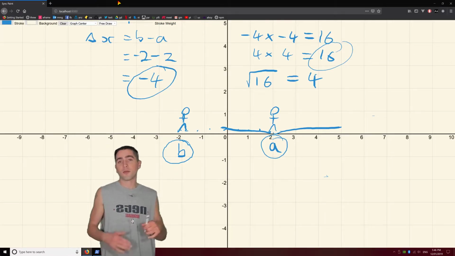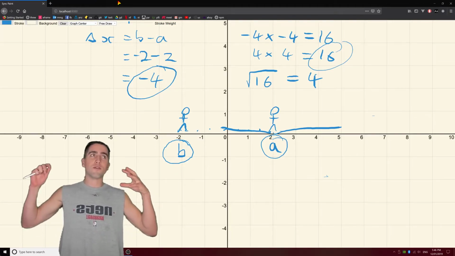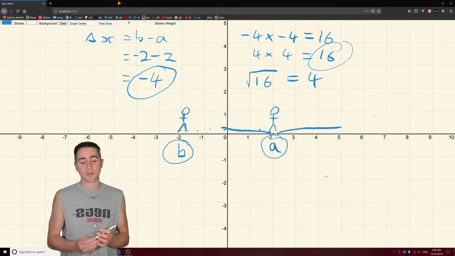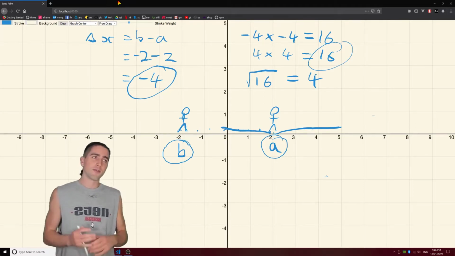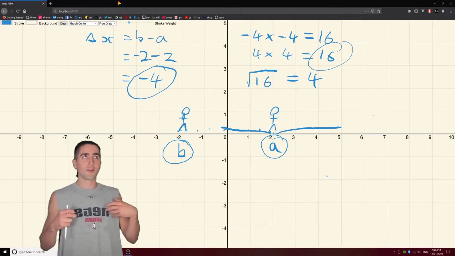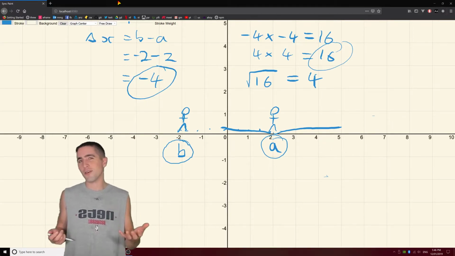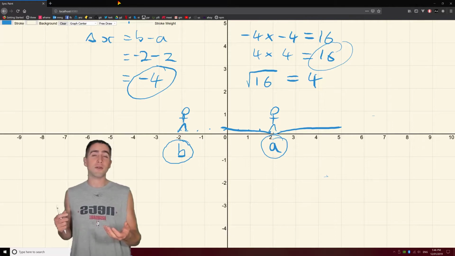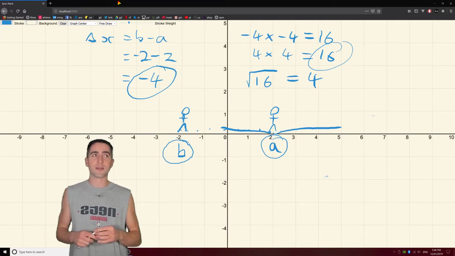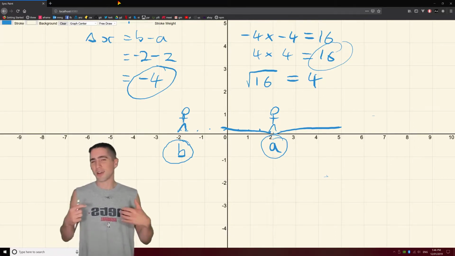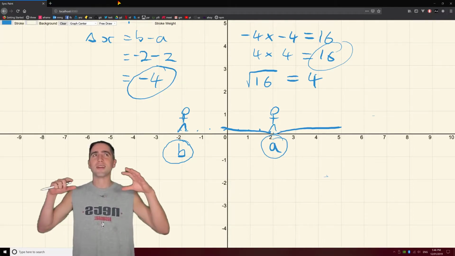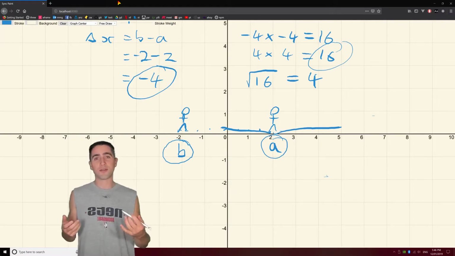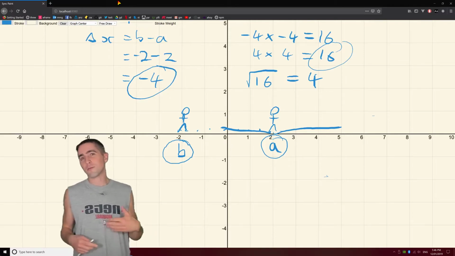So in other words, we've made sure that it's always a positive number. Obviously the square root of 4 times 4 is 4, which is kind of the same thing, but the square root of -4 times -4 is 4 as well. So I guess what I'm saying is that we're getting the absolute value. It's always going to be a positive number, which means we can apply logic to it.